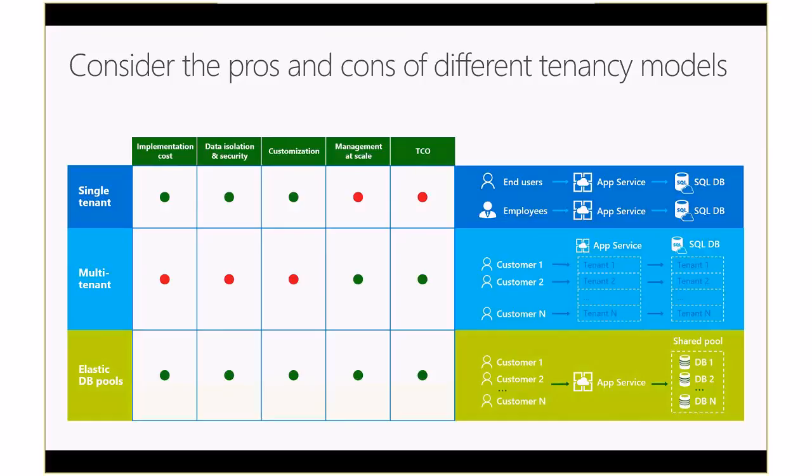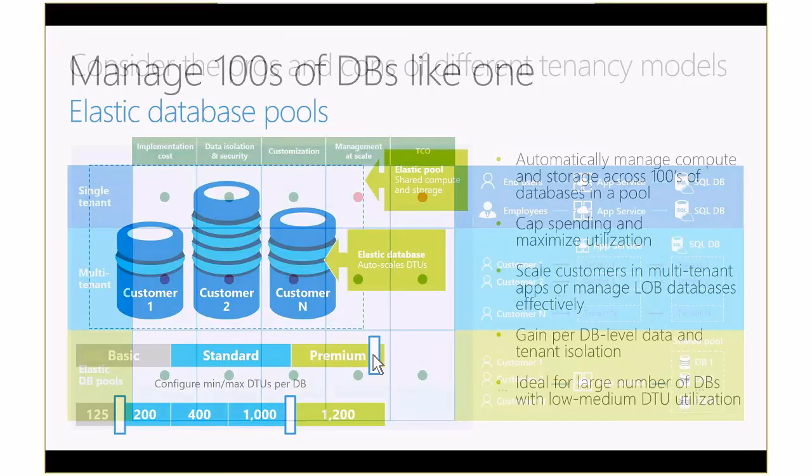So what's really cool with Elastic Database Pools is I can set up a pool that has maybe the 4 databases that have that hard-coded name in it. That pool is basically defining a resource level for each one of those customers, right?